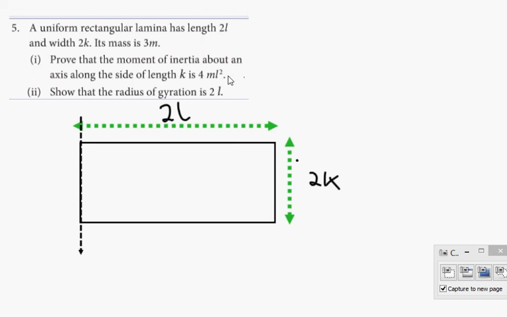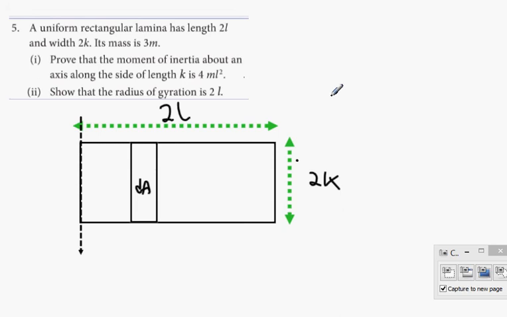Now, what I'm going to do is what I always do: set up a small area at a certain distance away from the axis. Now this here we're going to call dA.